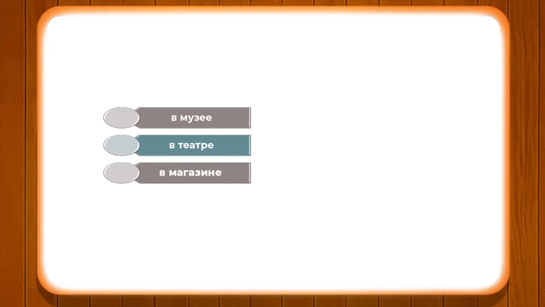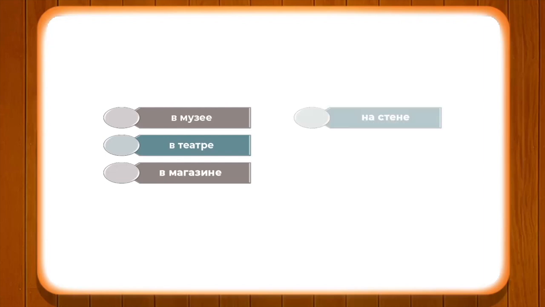For example, где будет программа? В музее, в театре. Где можно купить эту вещь, where can we buy this thing? Or где можно купить рубашку? В магазине, where we can buy the shirt, in the shop.